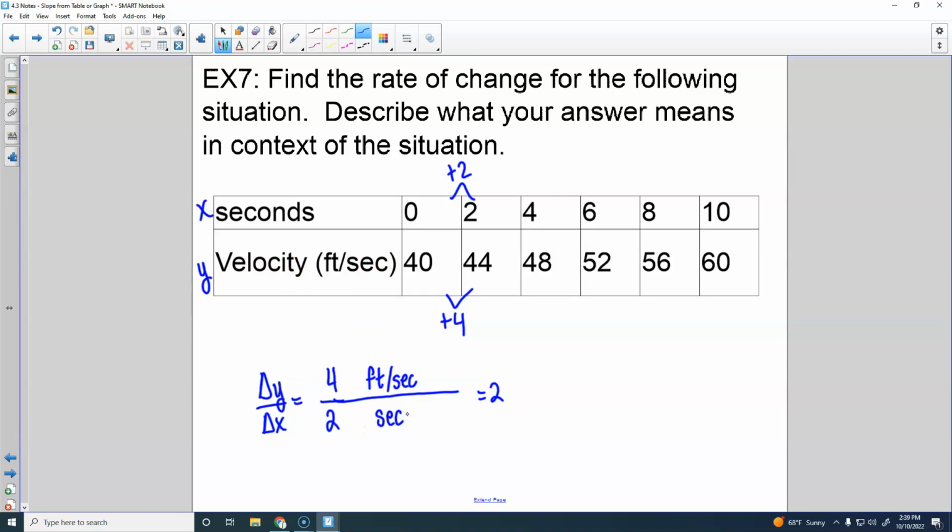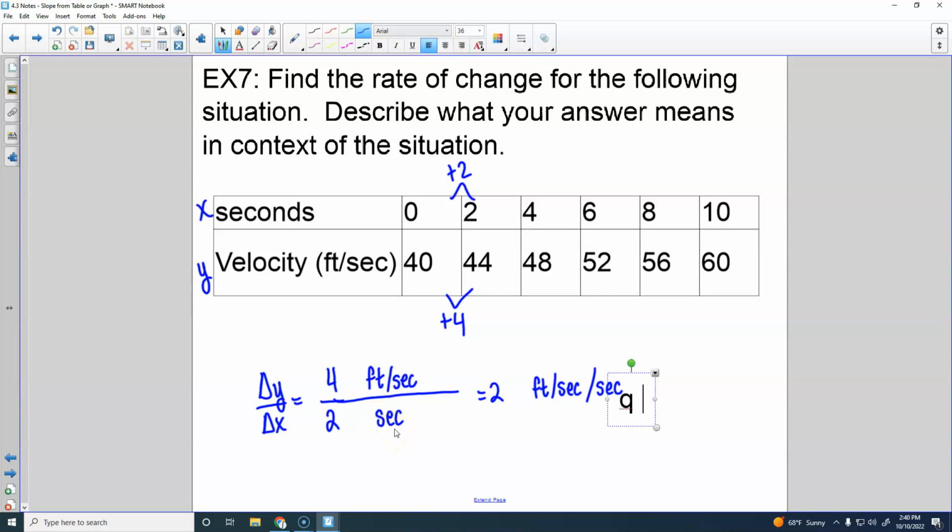Okay? So when we get the answer of 2, there are a couple ways we can write our units. One way we can write our units is we can say feet per second per second. It's just the top unit divided by the bottom unit. Same as the last one.